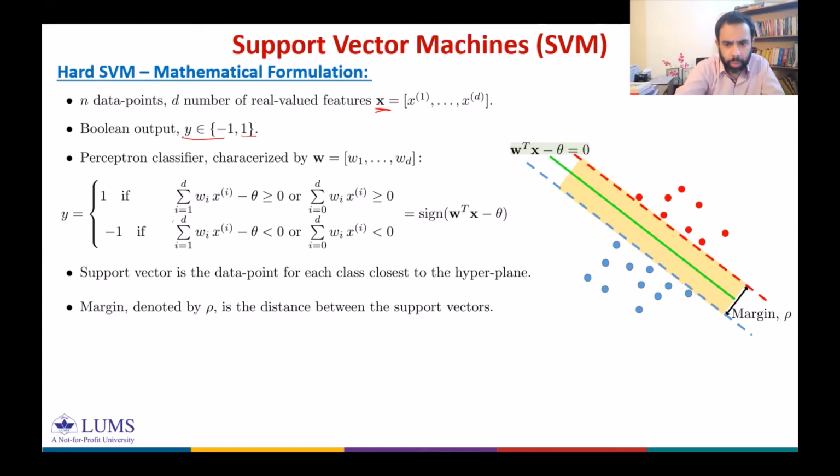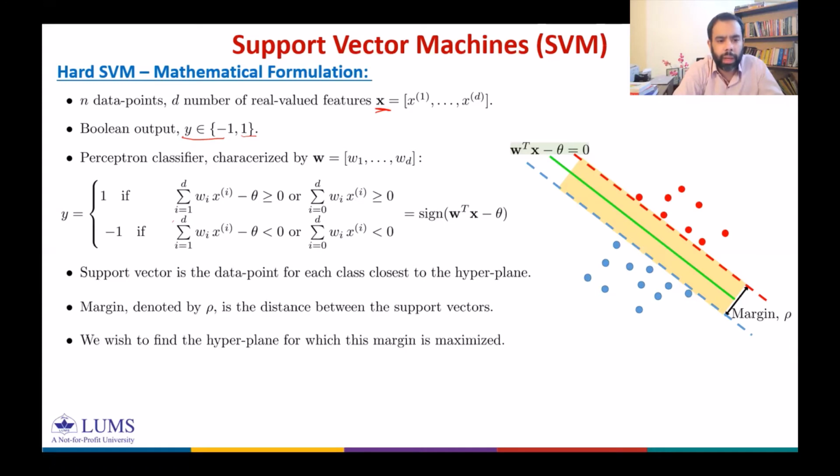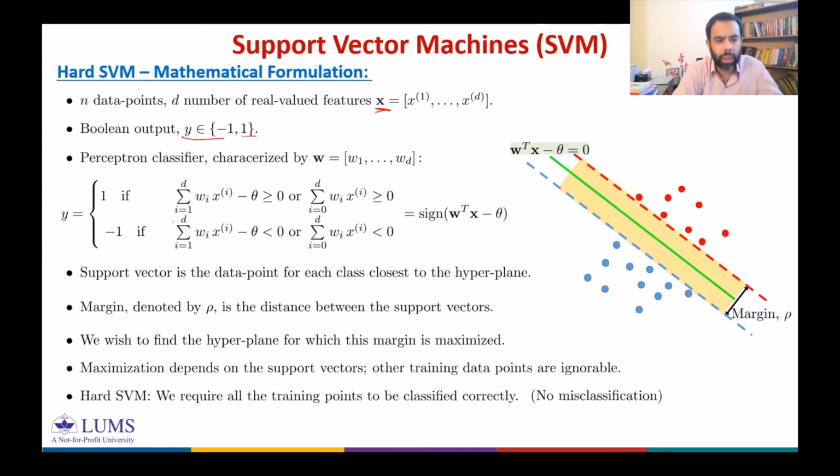I have denoted with this rho the classification margin, or the margin, the distance between the support vectors. The problem in hand is that we want to find a hyperplane for which this margin is maximized.